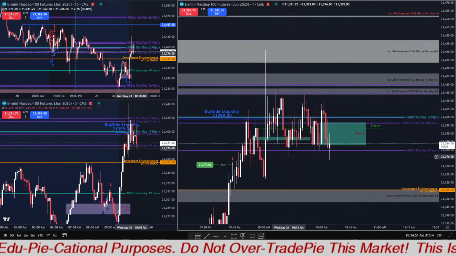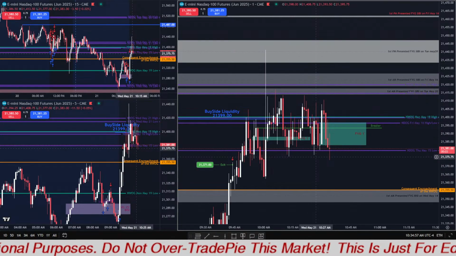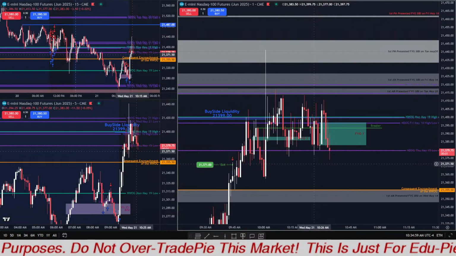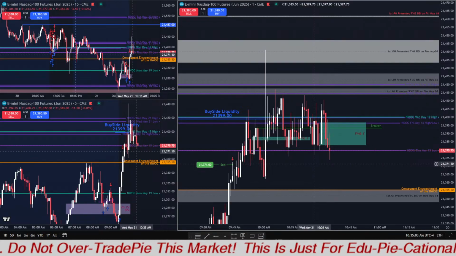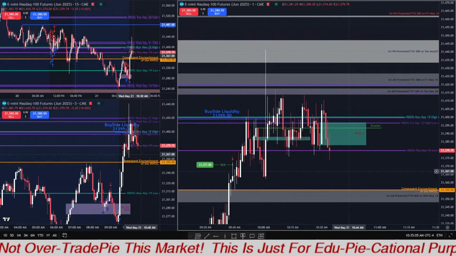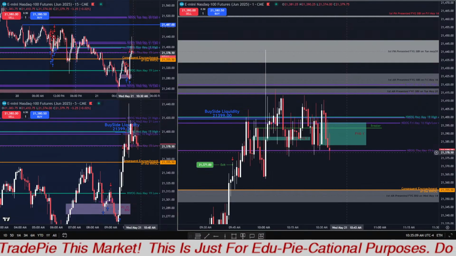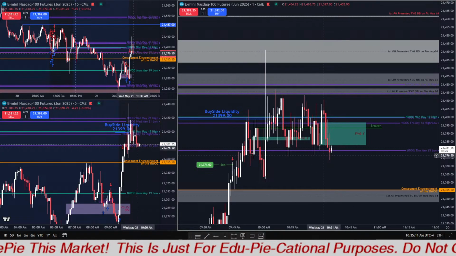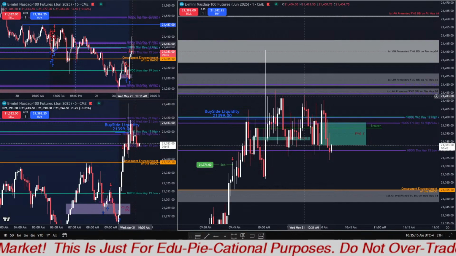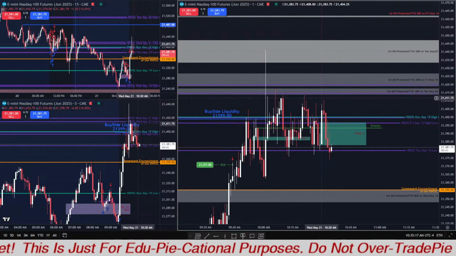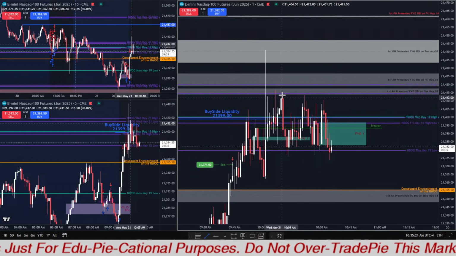Okay, the sell side liquidity resting at equal lows is already purged. Now that we purged this sell side liquidity, I'm expecting the market to start going higher towards this buy side liquidity above these relative equal highs.